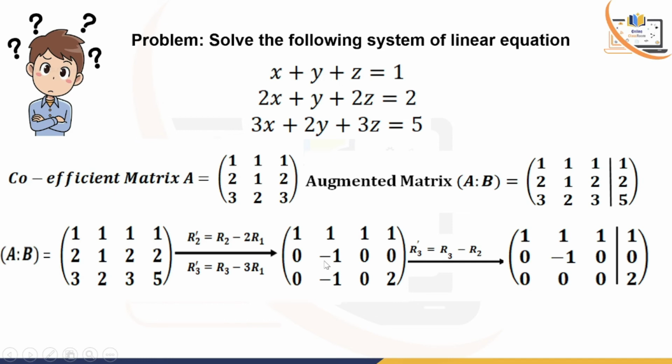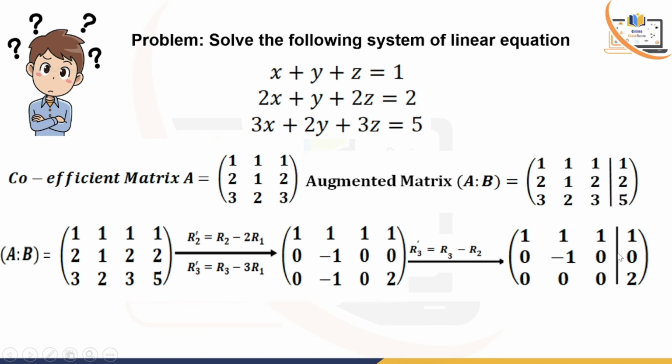If we subtract these two rows, we can create 0 here, and that's why we perform the operation R3 minus R2, and we observe that this is the matrix. Now look, this is an echelon matrix, row reduced echelon form, and we observe that three non-zero rows are there. So the rank of the corresponding matrix becomes 3.